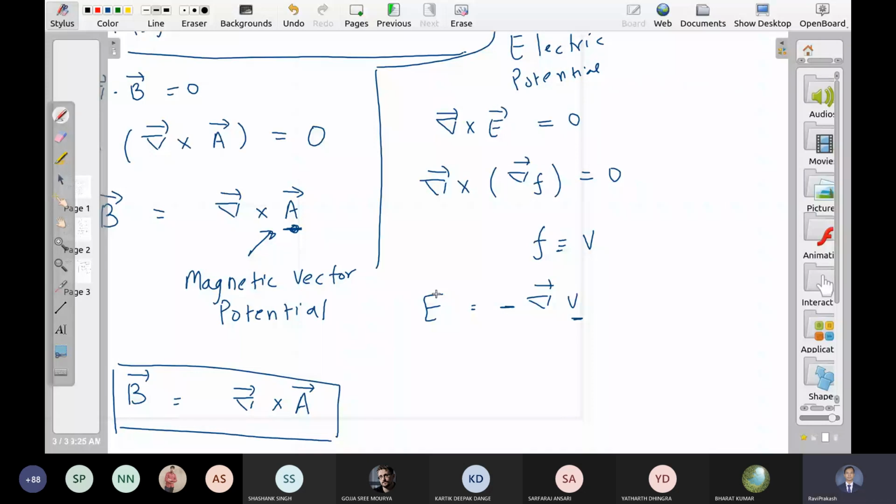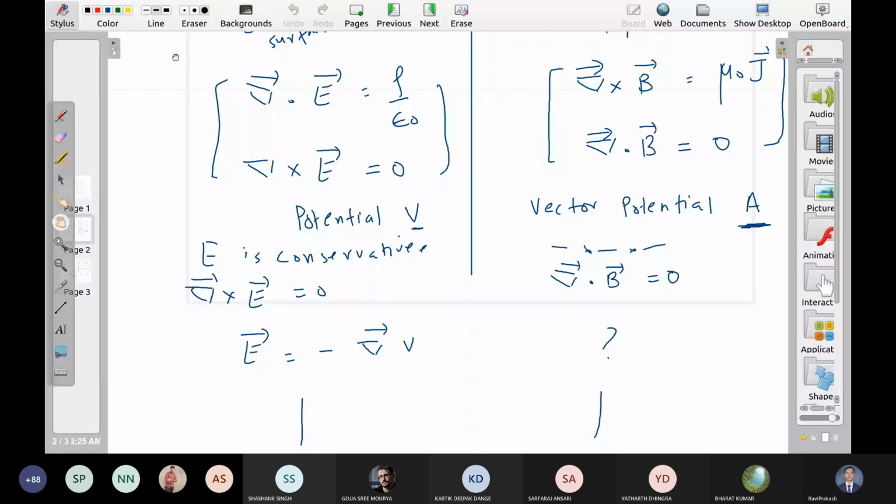So what is the equivalent of this quantity? B is equal to del cross A.